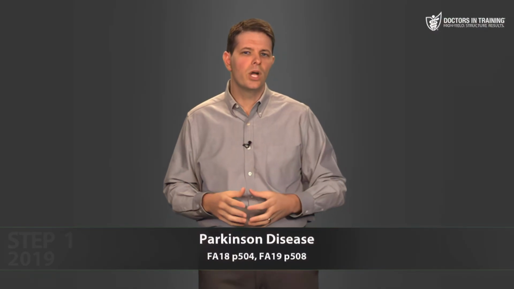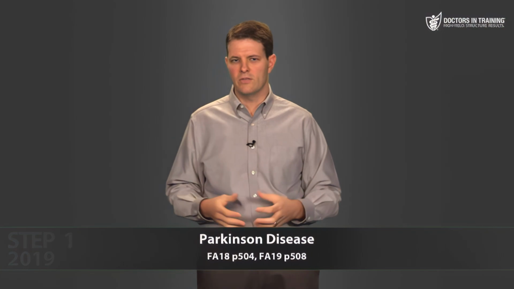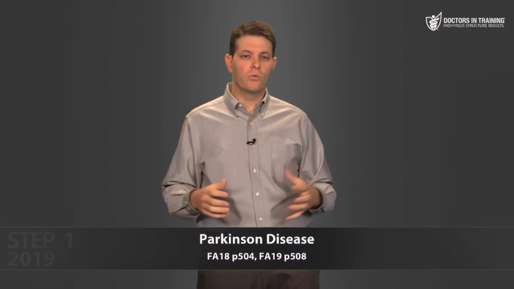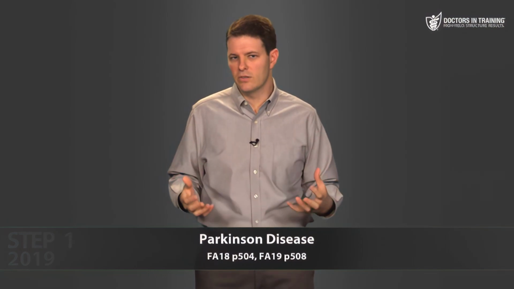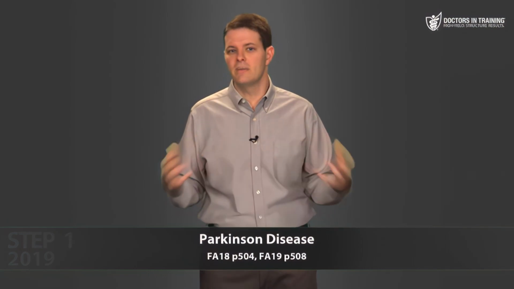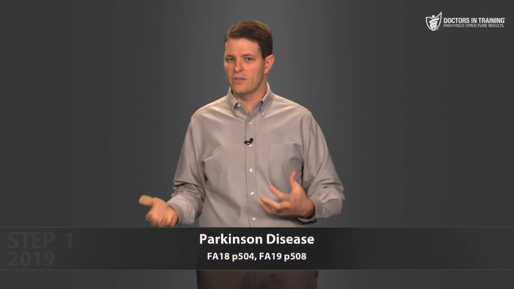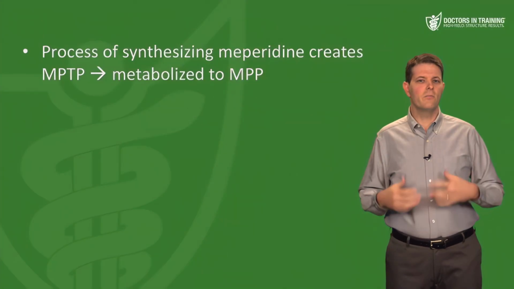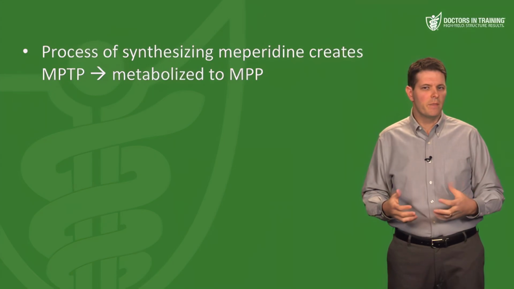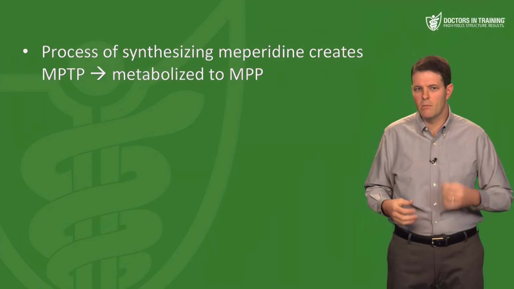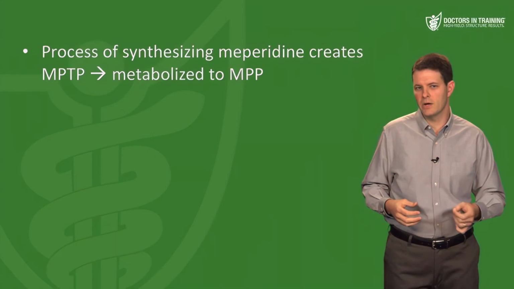I also want to mention one unusual cause of Parkinsonian features, which is a chemical called MPP. So say you were really struggling to make ends meet with your student loans. So you decided to go all Jesse Pinkman and start cooking synthetic meperidine or Demerol to sell on the street. In the process of making that synthetic meperidine, you might be exposed to a chemical called MPTP, or methylphenyl tetrahydropyridine.